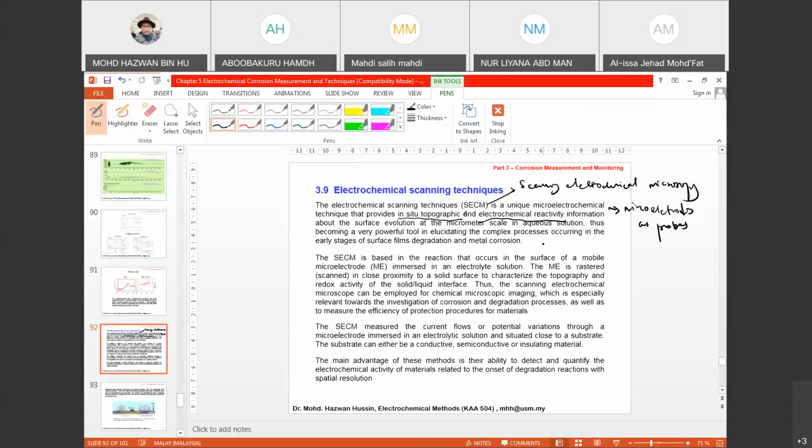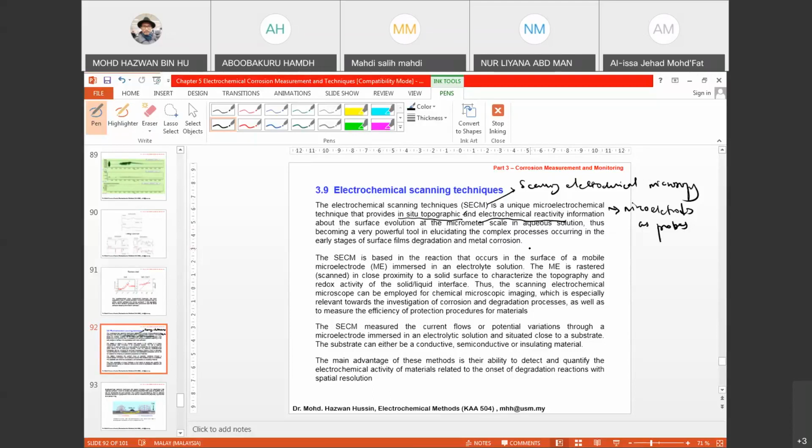Information about the surface evolution at the micrometer scale in aqueous solution, thus becoming a very powerful tool in elucidating the complex processes occurring in the early stage of surface film degradation and metal corrosion. So as I said, this method is known to be a very advanced technique.